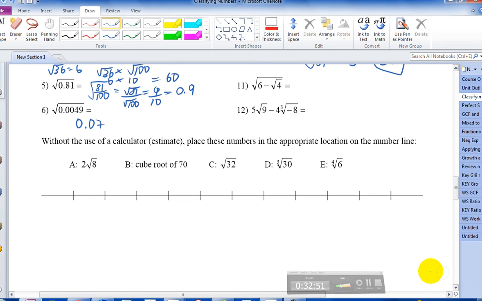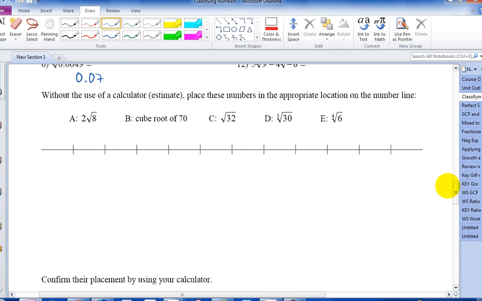So for estimating, let's turn back to our notes here. For A, you've got to take the 2 and bring it back inside. So we're going to write A as the square root of 2 times 2 times 8.